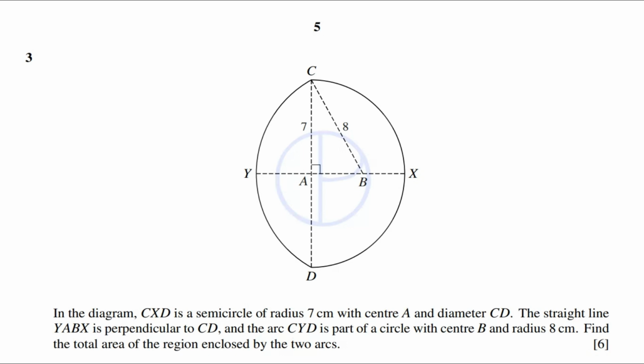So here we have one semicircle and one sector of another circle. So we need to find the total area. So how to find the total area?